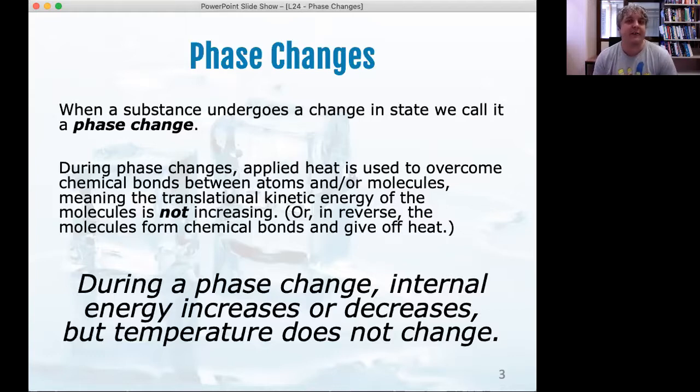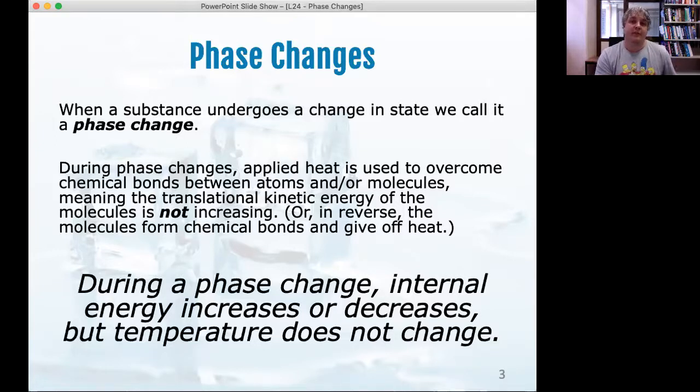But the temperature, that translational kinetic energy, doesn't increase, because by the time they get to that melting point, the atoms basically say, any extra energy you give me right now, I'm just going to use to break all these bonds and become a liquid.